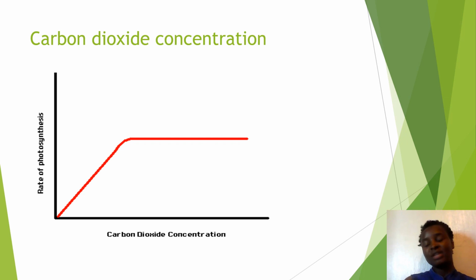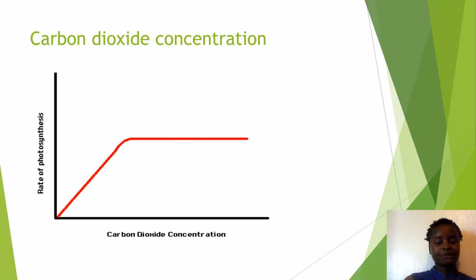No matter how much they keep bringing pizza, you have reached your limit. You can't go beyond that. That's how I take carbon dioxide concentration. Even if we keep on increasing carbon dioxide, our plants reach a certain point where the rate of photosynthesis will remain constant, right?